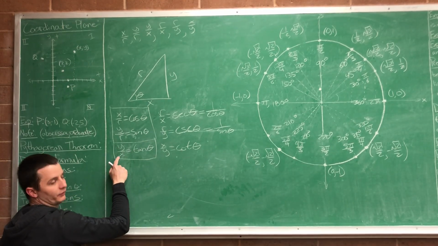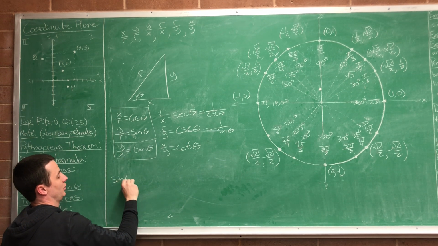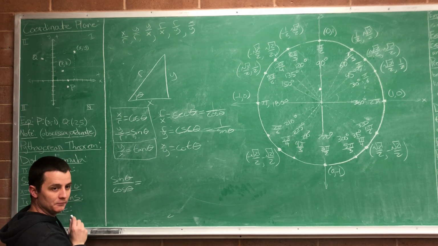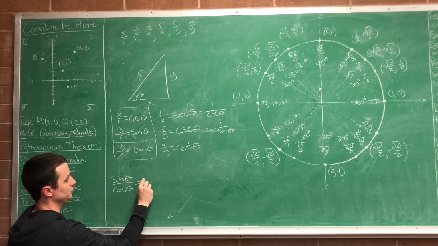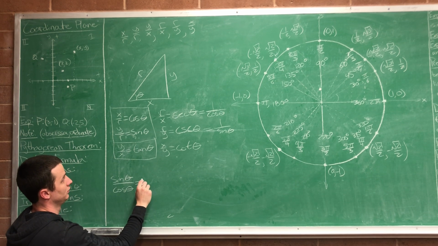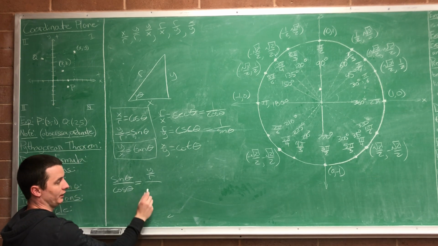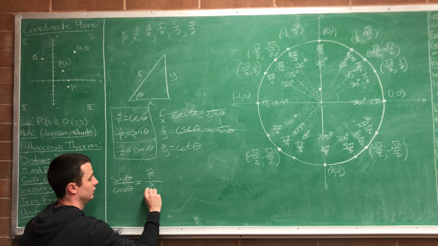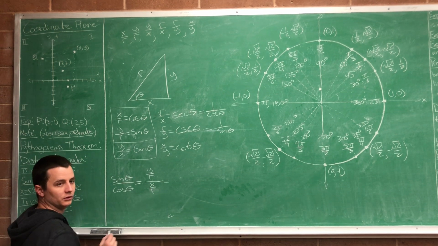Now tangent, a little bit different. Notice tangent is y over x. But let's look at sine of theta over cosine of theta really quick. What's sine of theta equal to? Y over r. What's cosine of theta equal to? X over r. What does it simplify to?